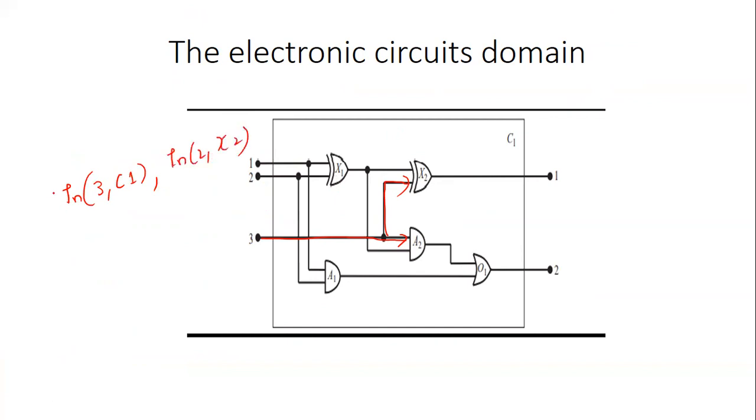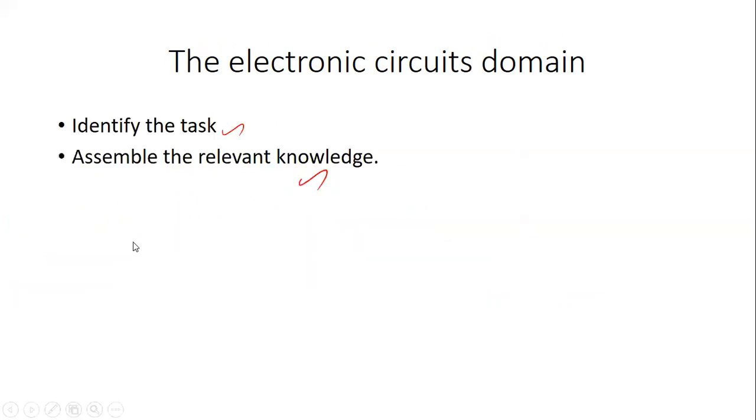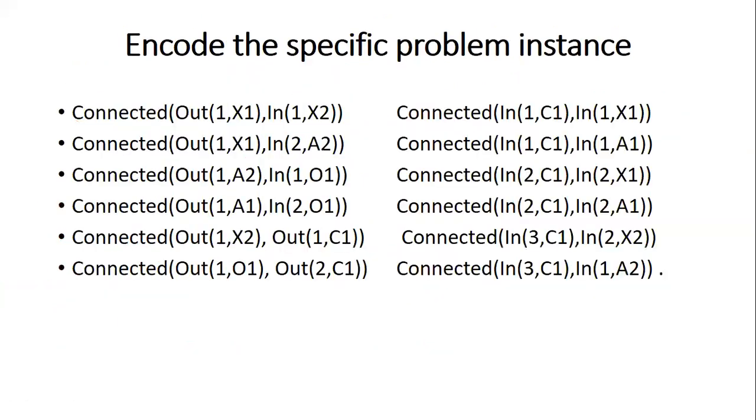Similarly, the third input of C1 is connected to the first input of A2. That is what these next two rules say: the third input of C1 is connected to the second input of X2, and the third input of C1 is connected to the first input of A2.